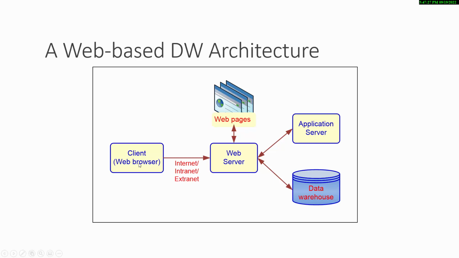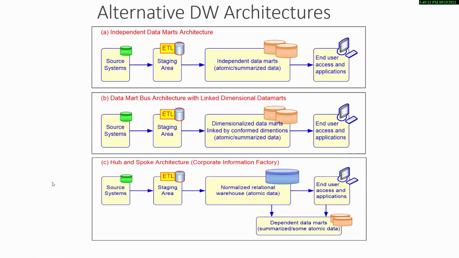On the client side, the user needs an internet connection and a web browser. On the server side, the web server is used to manage the inflow and outflow of information between the client and the server, and it is backed by both a data warehouse as well as an application server.